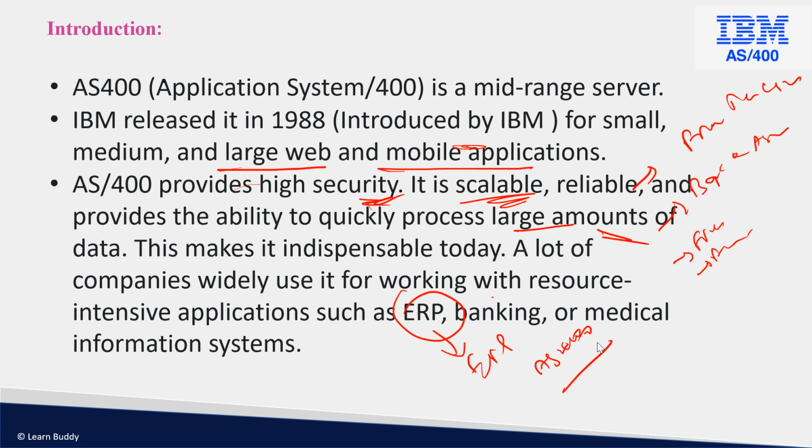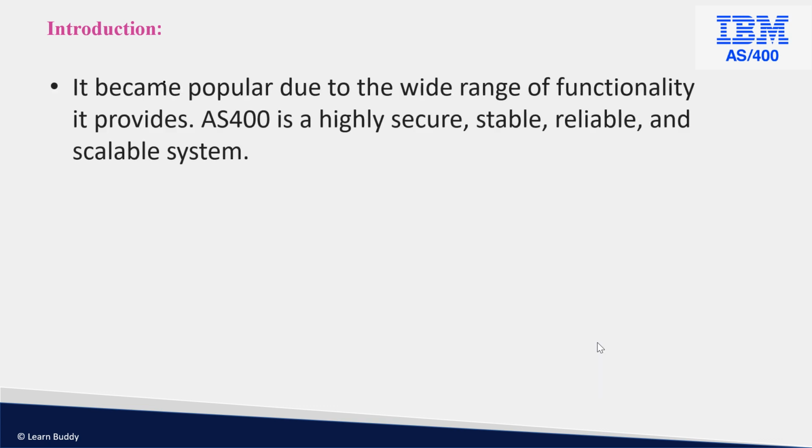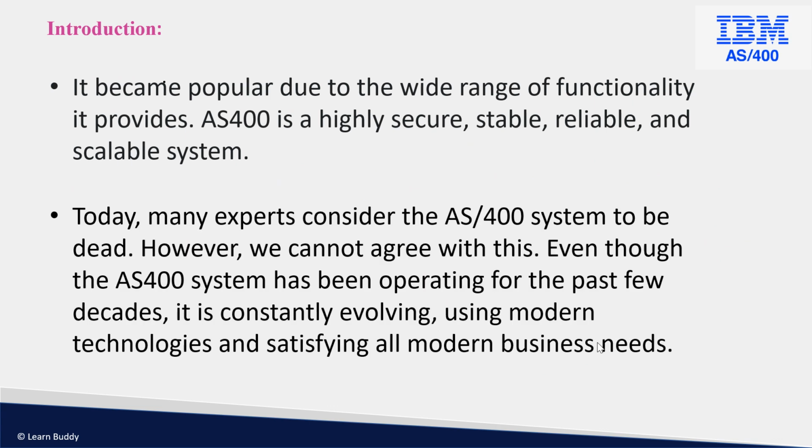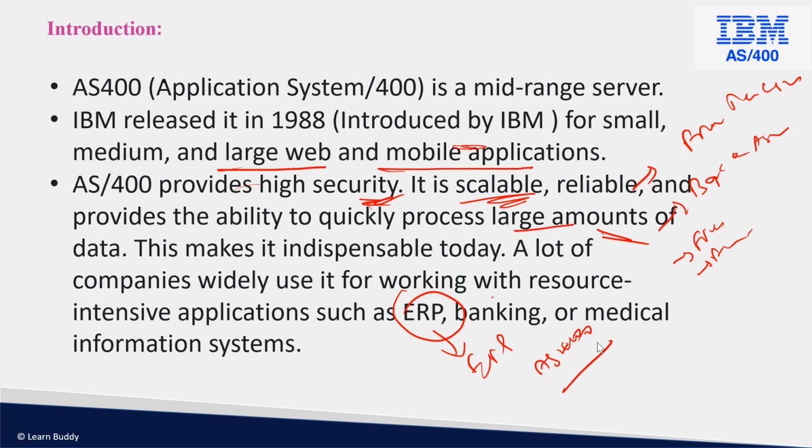Banking also uses AS400, and medical information systems, and there are some other points. It has become popular due to the wide range of functionality it provides, and it is a very secure, stable, reliable and scalable system. Today many experts consider the AS400 system to be dead, because it was released in 1988, so it is a very old technology.